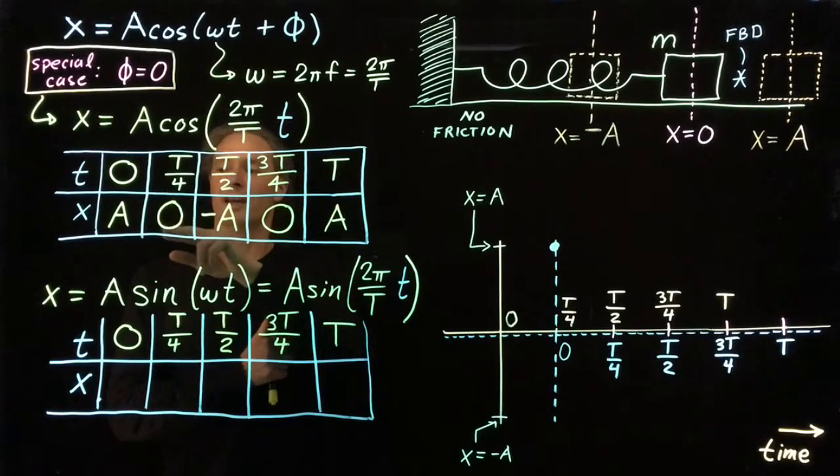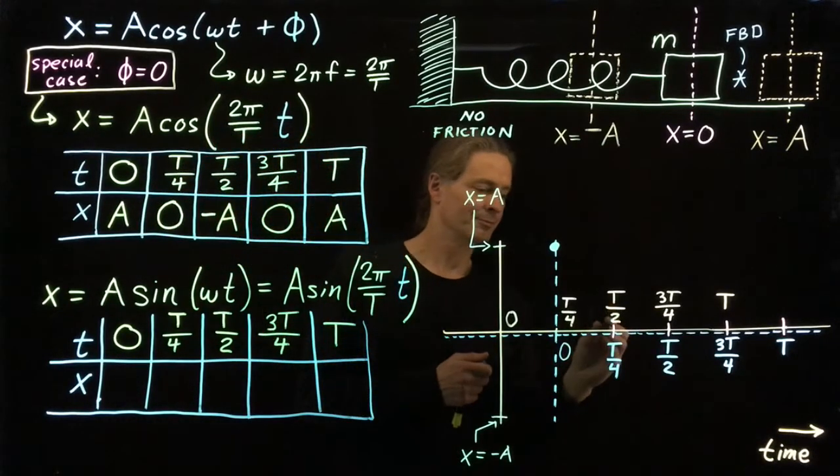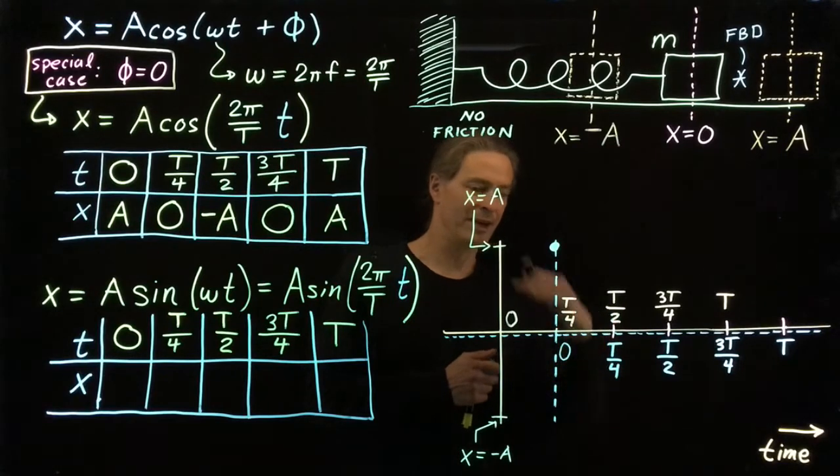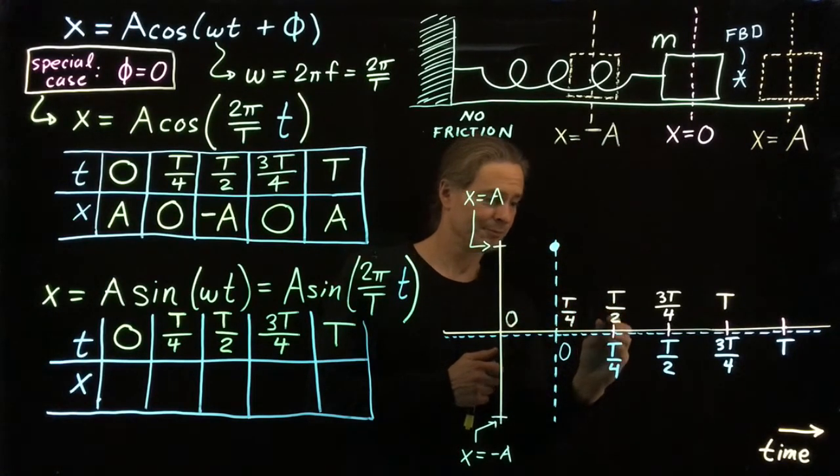Now, when the time is 1/4 of a period, x will be equal to 0. Plot that point there.